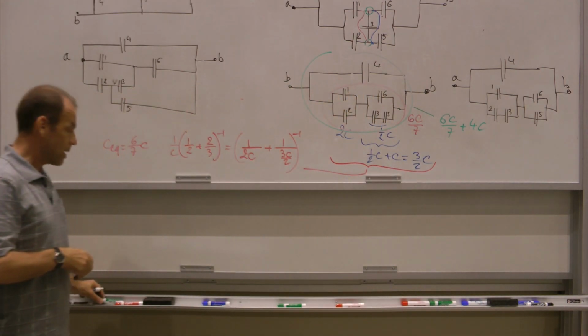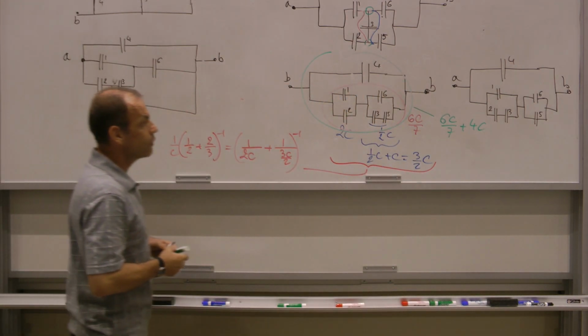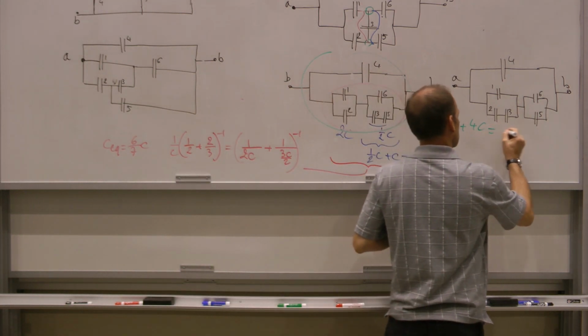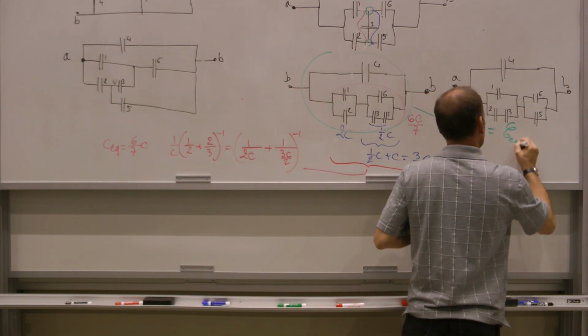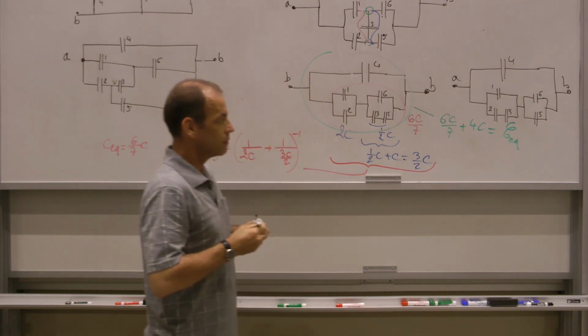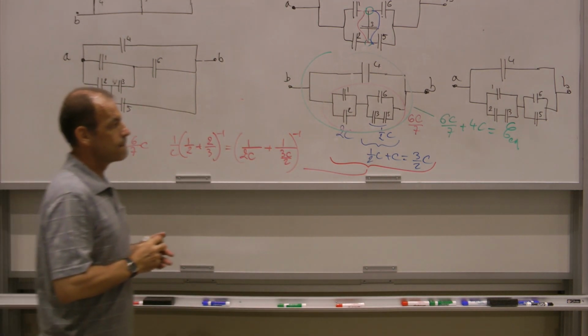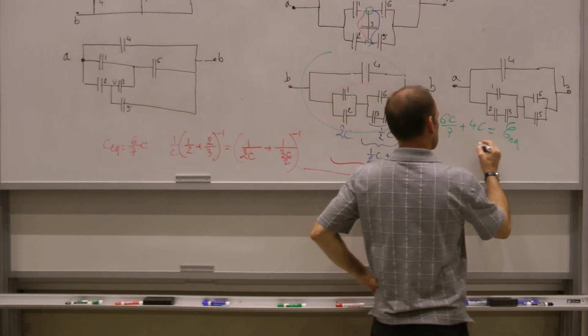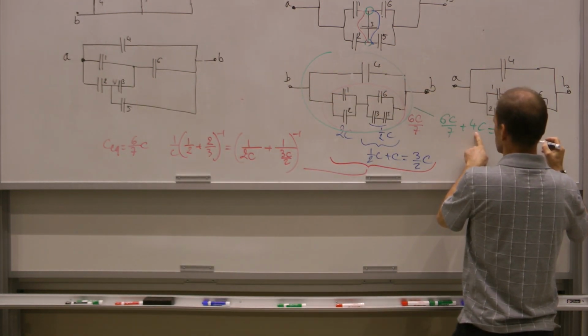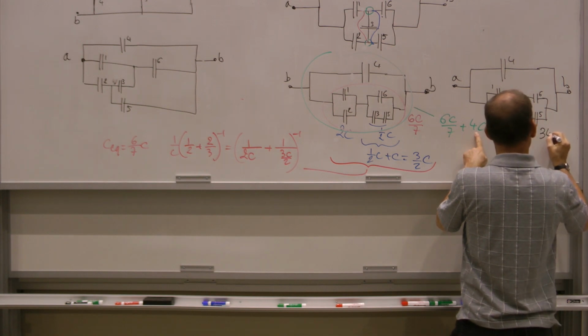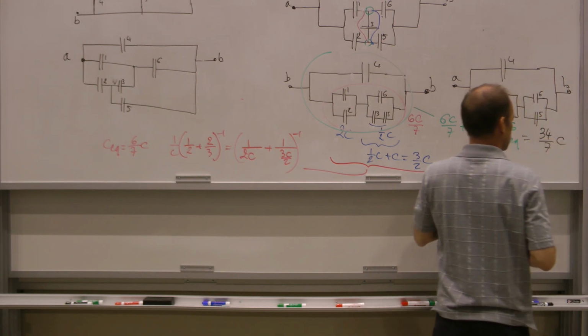Assuming no errors were made, this would be the total equivalent capacitance, the big C equivalent for this whole circuit. That would be equal to 28 and 6, 34 over 7 C's.